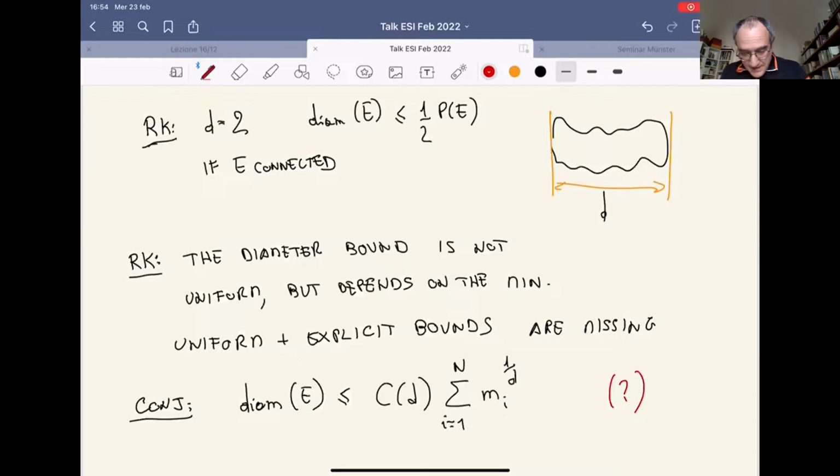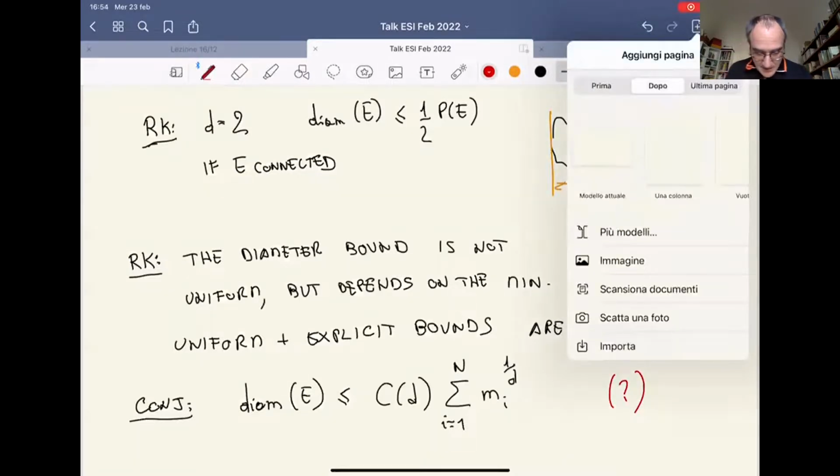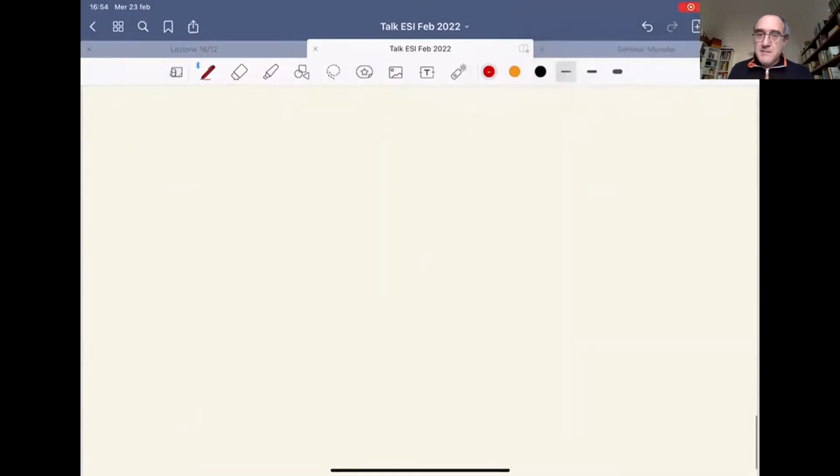Okay. And then coming to what we did, we wanted to look at a slight generalization of this problem.